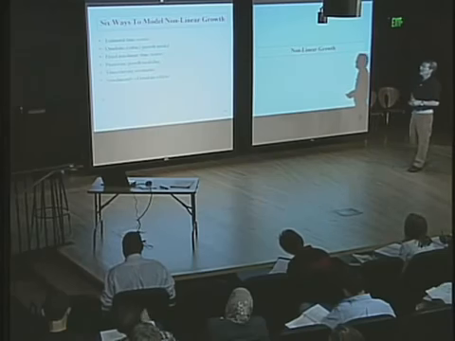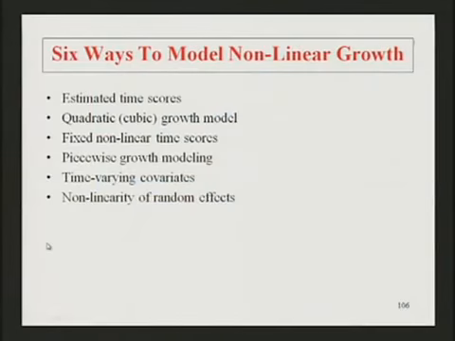And we're going to talk about fixed but still nonlinear time scores. We're going to talk about piecewise growth modeling, time-varying covariates in more detail. And what we're not going to talk about is nonlinearity of random effects. That is, models that are nonlinear in random effects, which would take us beyond this course. But this is by way of tempting you to stay tuned after these messages and come back after lunch.